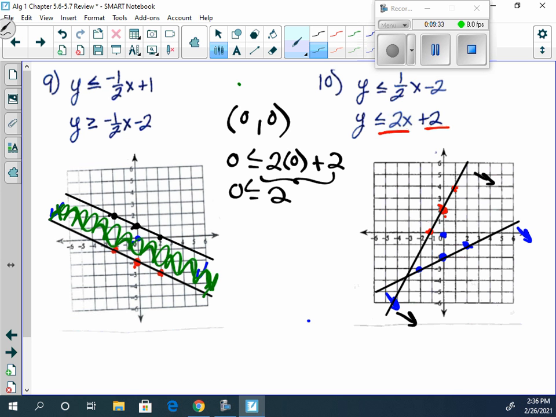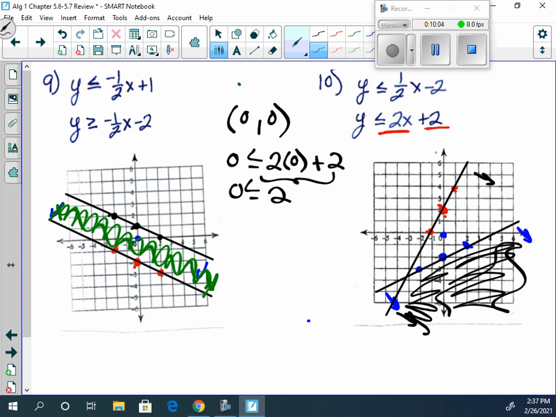The arrows aren't facing each other. So where are the arrows facing each other? There's going to be this whole region down here. Now, if it had been false, when we check the second one, for the y is less than or equal to 2x plus 2, if that had been false and we were shading up, then it would have been that little section.